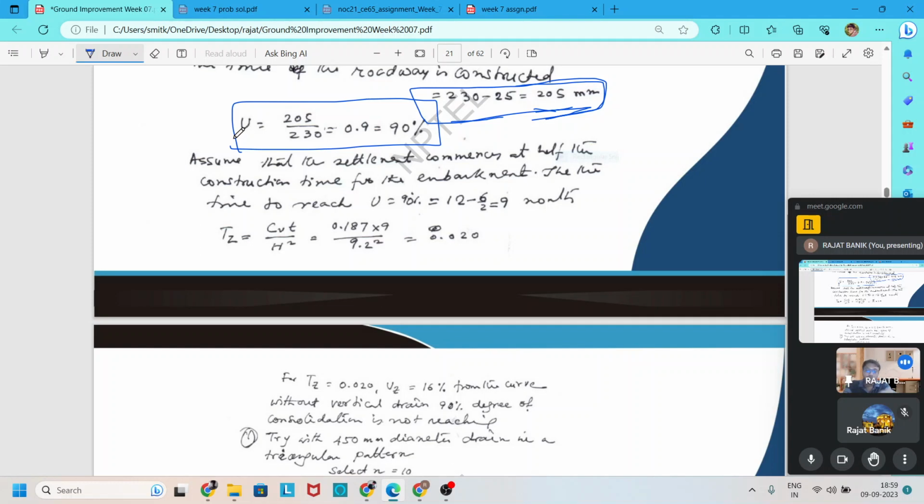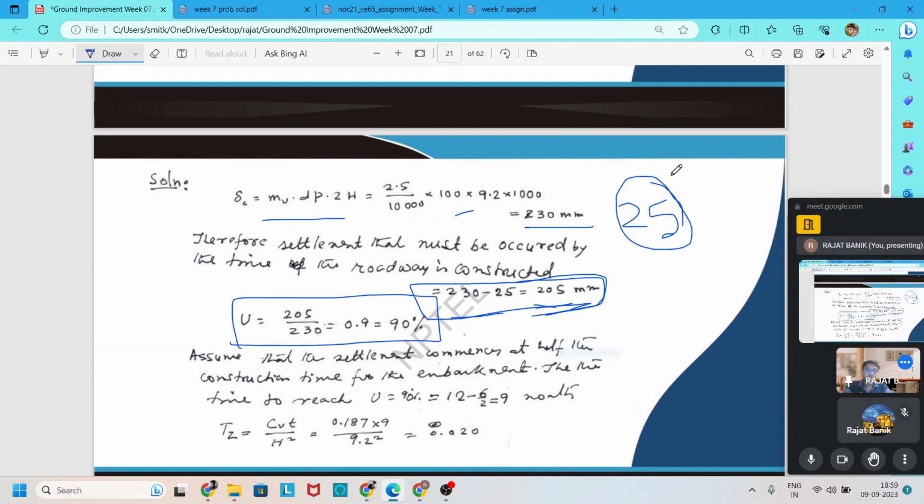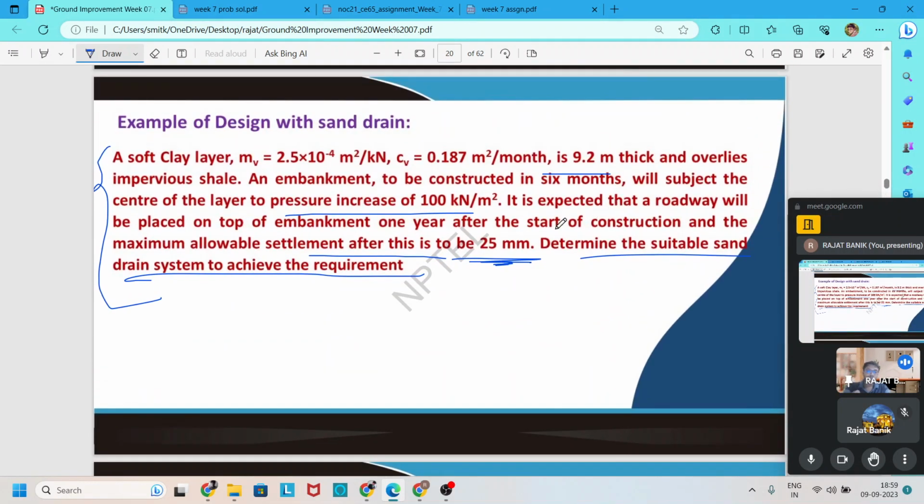So now we come to our design problem, designing our sand drain diameter and spacing. First we calculate the time period for this embankment. The complete construction of the embankment is done within 6 months.